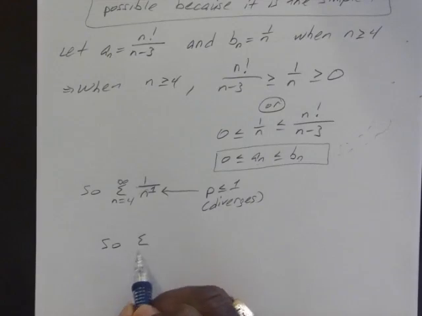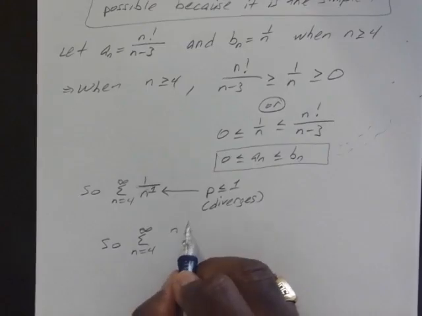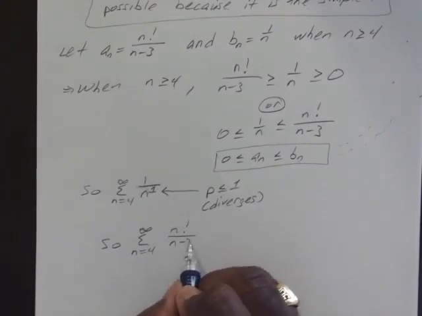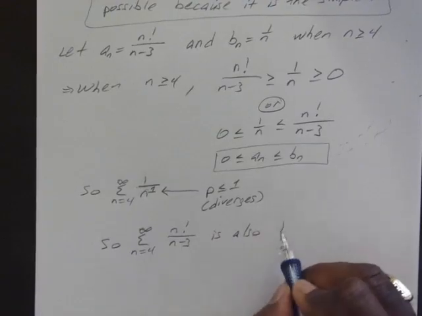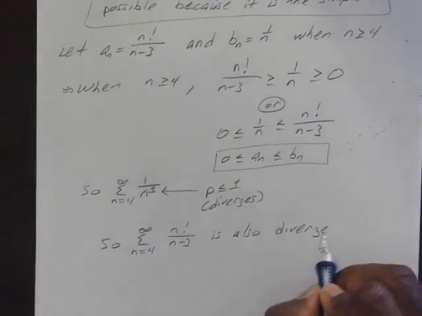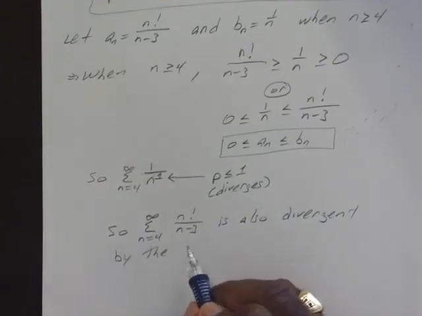So we know that the sum from n equals 4 to infinity of n factorial divided by n minus 3 is also divergent by the direct comparison test.